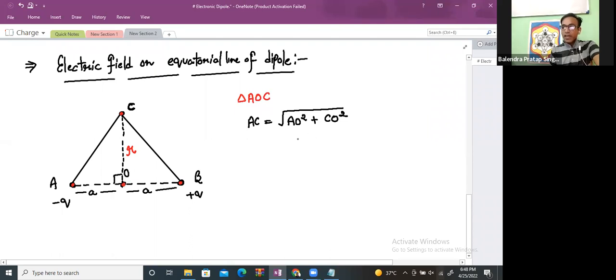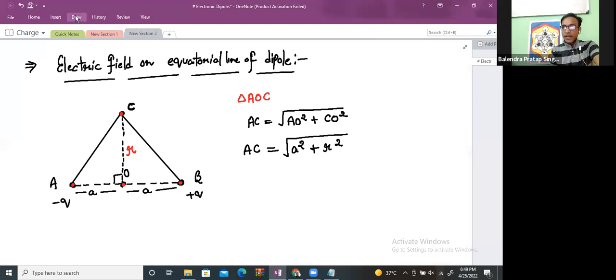What is the value of AO? It is small a, so you can write this small a square. And what is the value of CO? It is small r. So now you calculated the value of AC. AC is under root a square plus r square. Is it clear? It's very easy.